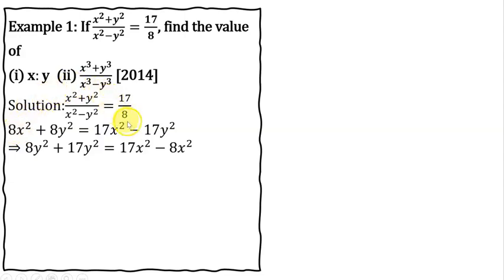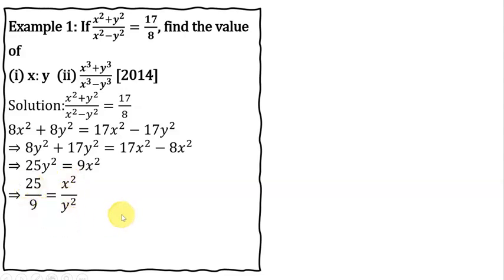Now again shift this to the right hand side, it will become minus. Then simplification: 8y square plus 17y square gives 25y square, and 17x square minus 8x square gives 9x square. Now we require x : y. Therefore, transfer y square to the right hand side. Therefore, x square upon y square is equal to 25 upon 9.